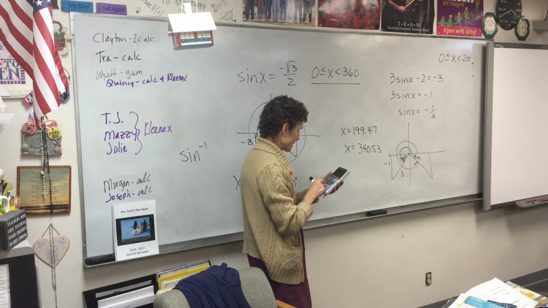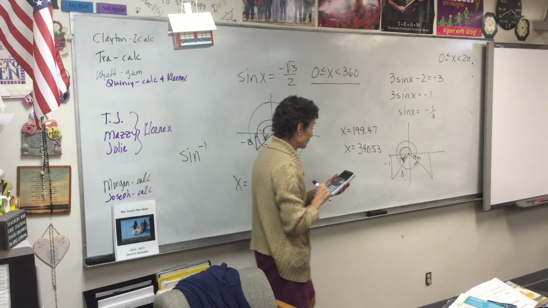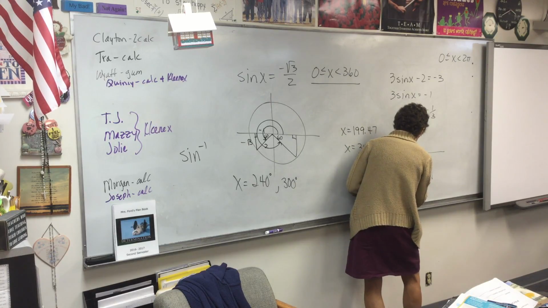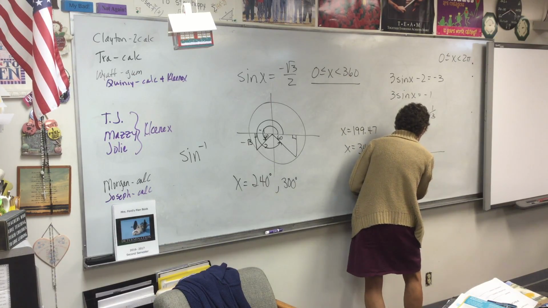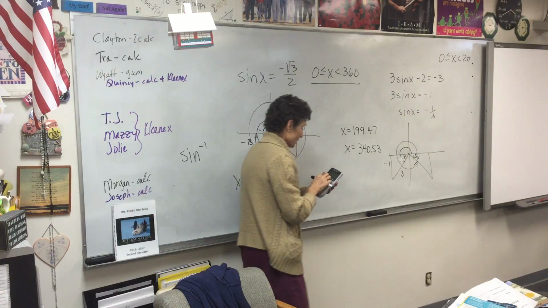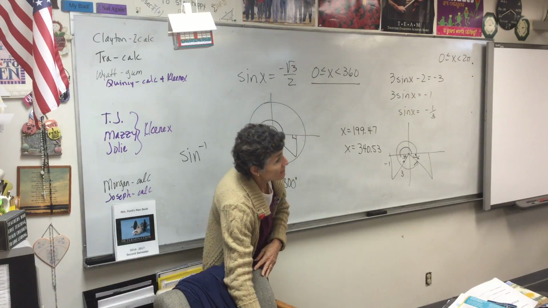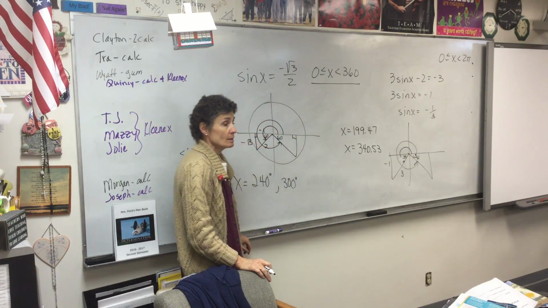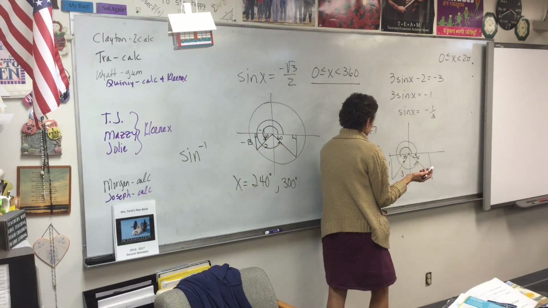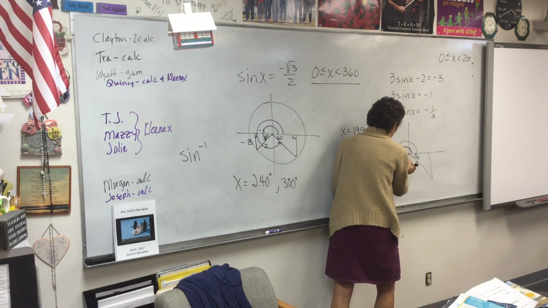And then when I do second sine of 1/3, I get about 0.34. I get this angle to be 0.34. So I didn't do anything different, just set it in radians. And then 0.34 is not an answer. I still need this angle right here.